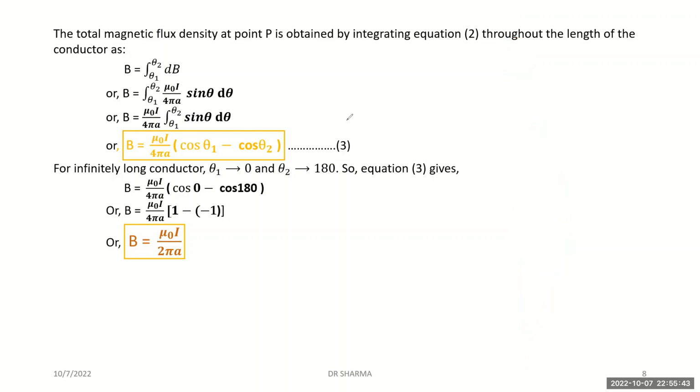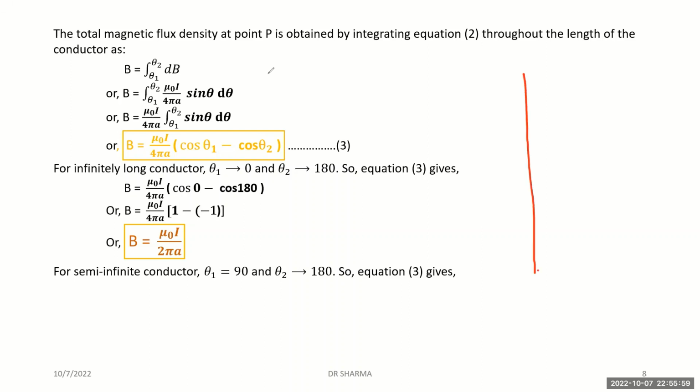Now, if you consider a semi-infinite conductor, semi-infinite means we are going to find the magnetic field at one end of the conductor. That means the origin lies at one end and the field point is at a perpendicular distance from that origin, and the conductor is infinitely long on one side only. This is called a semi-infinite conductor.